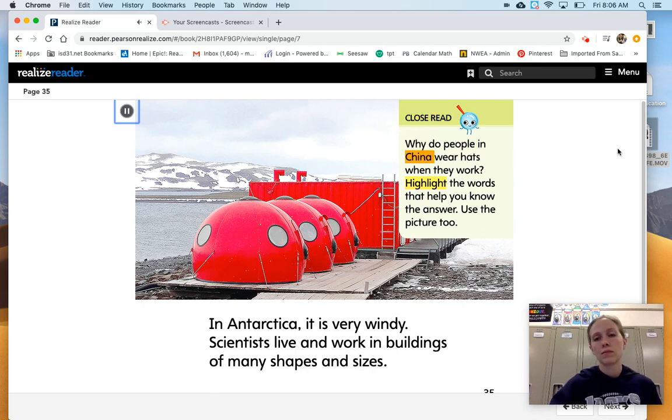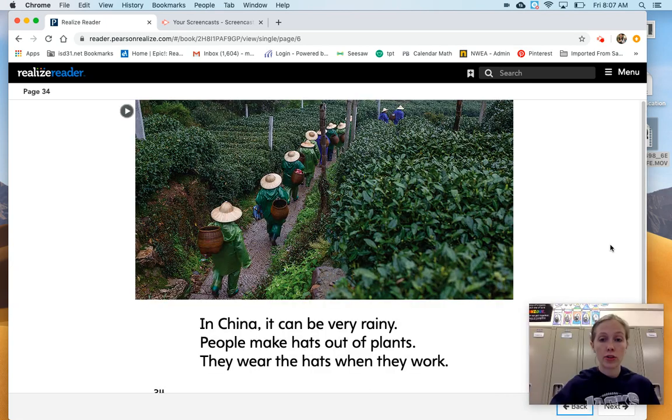Why do people in China wear hats when they work? Highlight the words that help you know the answer. Use the picture too. Okay, this close read asked me about China and why people wear hats. So I need to look at page 34 and I'm going to use the picture and the words that help me figure out why people wear hats in China. This is where we will infer.